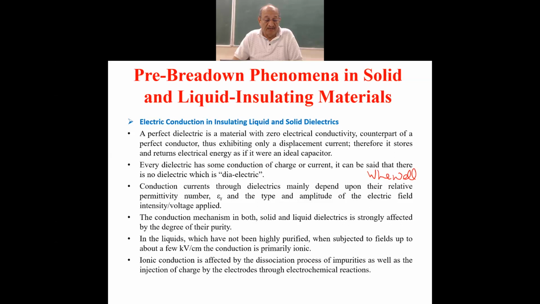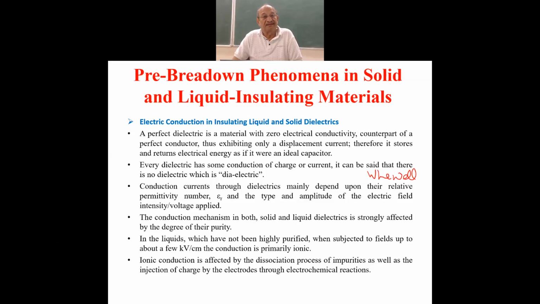In the liquids which have not been highly purified, mind it, there is a class difference between highly purified liquids and not highly purified liquids. When these are subjected to fields up to about a few kV per centimeter, the conduction is primarily ionic.